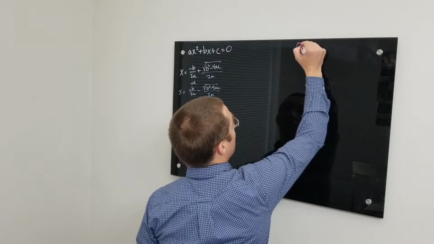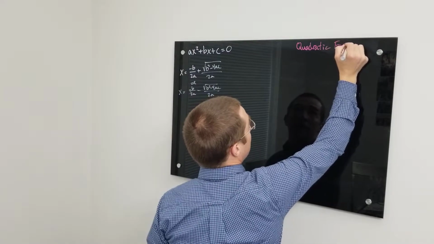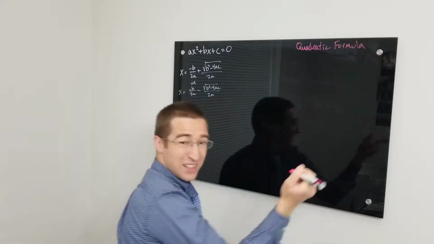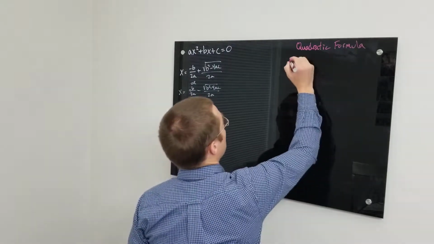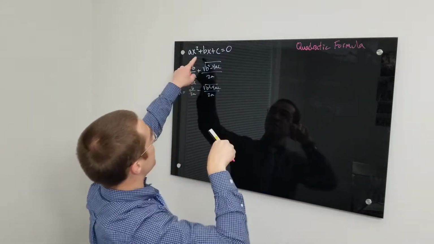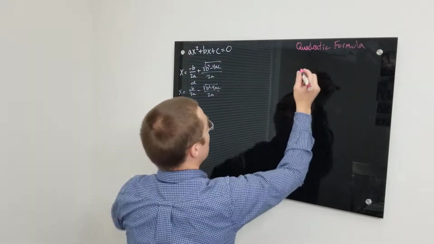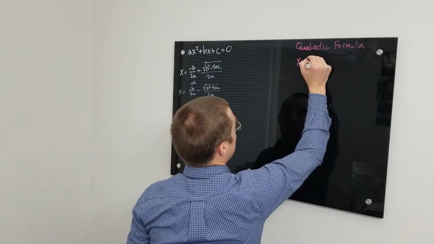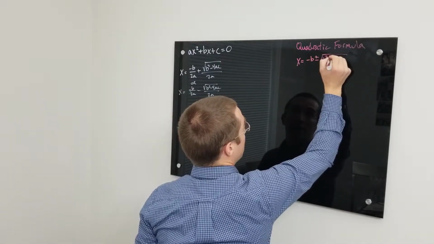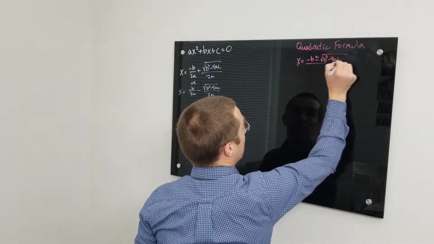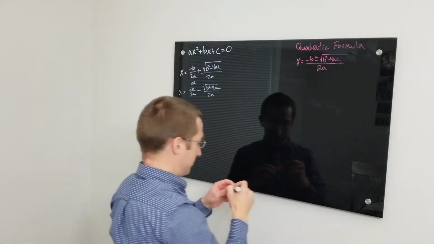This is the quadratic formula. It's written on your assignment already, but it might be nice to write it down just to get used to it. And it's the solution to ax squared plus bx plus c equals 0. So it's x equals negative b plus or minus the square root of b squared minus 4ac, all divided by the big fraction 2 times a.